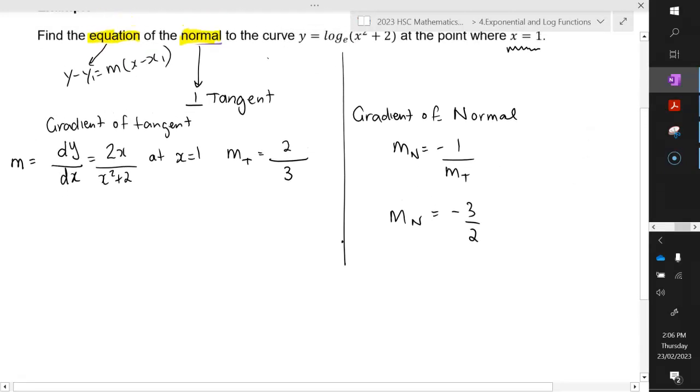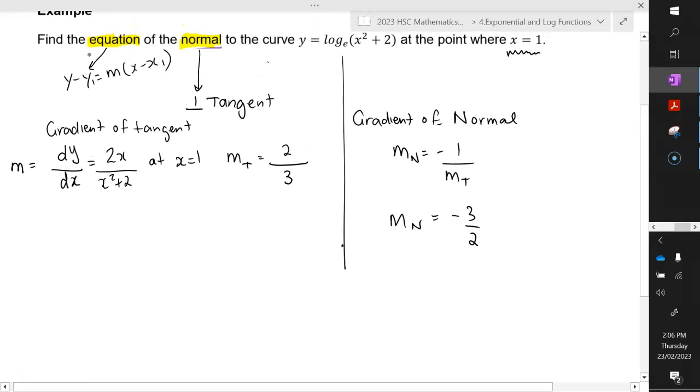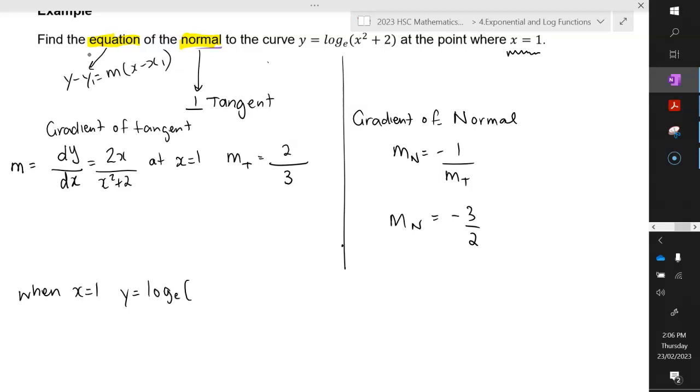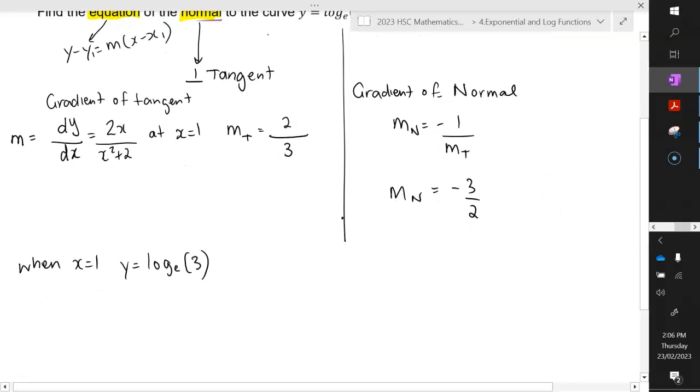We're nearly there. We've got the gradient of our normal, which we want to pop into the equation, and we need our x and y points. We've got our x value, x is 1, but what happens to y when x is 1? Let's pop it back into here and find our y point. y is going to be log e of 1 squared, which is 1, plus 2, which is 3. So log e of 3 or ln of 3, either way you can call it.